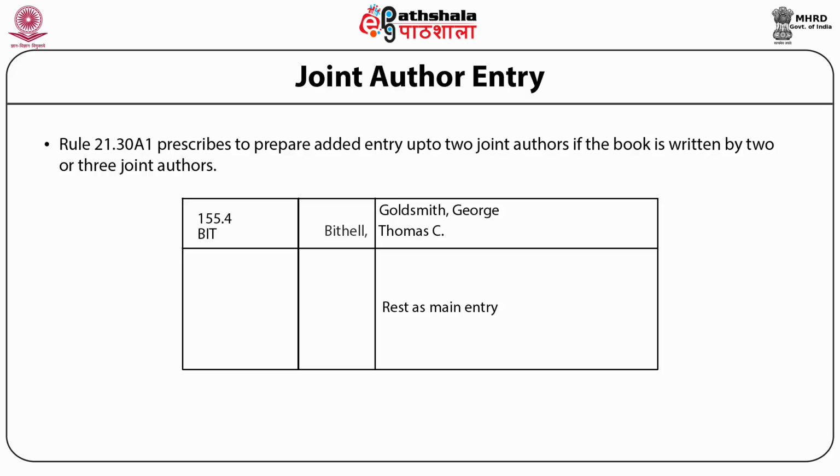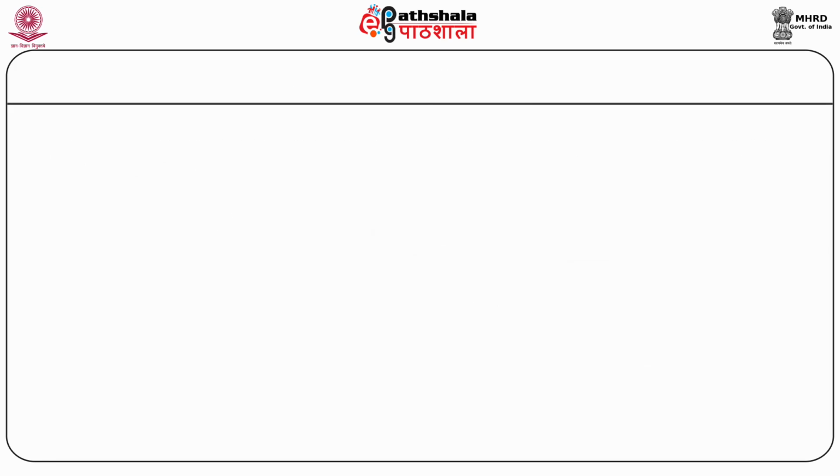All the information given in main entries are given, but for the saving of time, we are writing here it as rest as main entry. And above the leading line, where name of the author is given, the name of the second joint author, Goldsmith, as George, is given starting from second vertical.